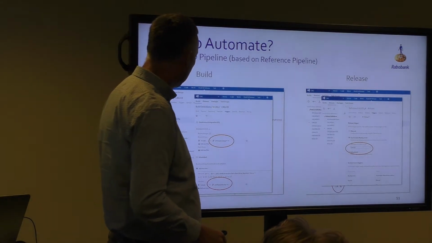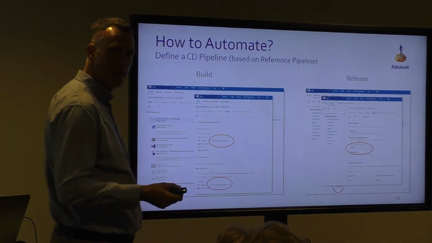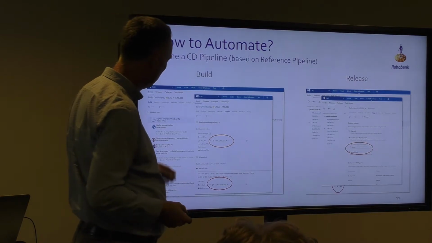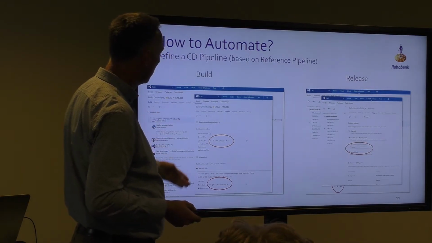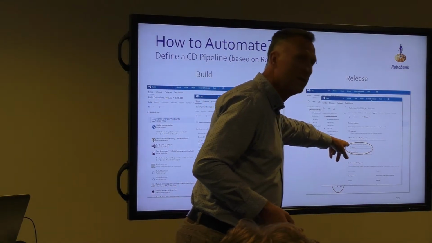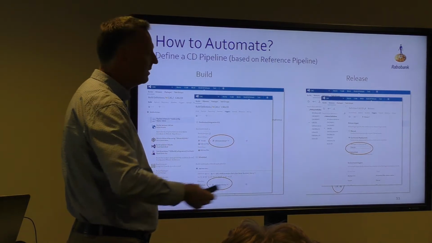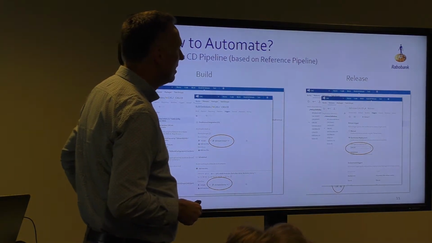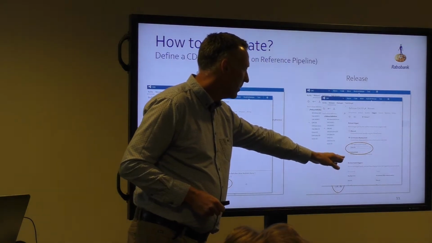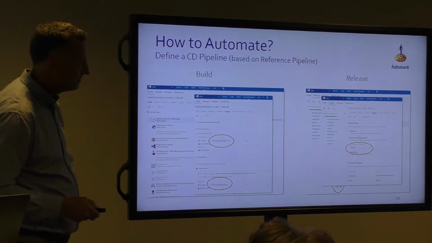If the build is triggered by a commit or by a pull request, which is also a commit, of course, then the build will trigger, and if it's successful, it will automatically trigger the release itself. So then you have the complete automatic pipeline. But there are more options. You can also deploy on a schedule or manually, and you can redeploy it, etc.